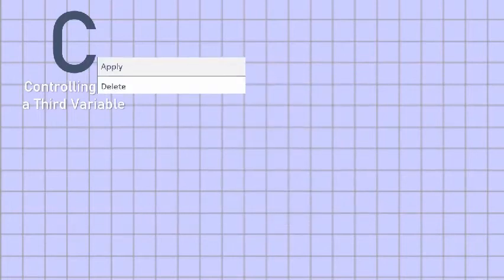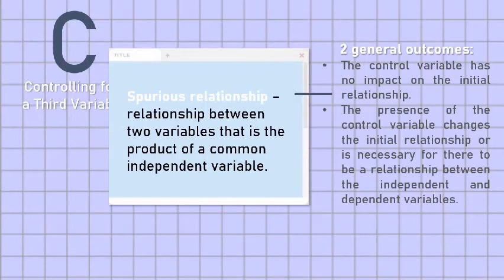This is the relationship between two variables that is the product of a common independent variable. Here, two general outcomes may occur. The first being, the control variable has no impact on the initial relationship. The second, the presence of the control variable changes the initial relationship, which is necessary for there to be a relationship between the independent and dependent variables.